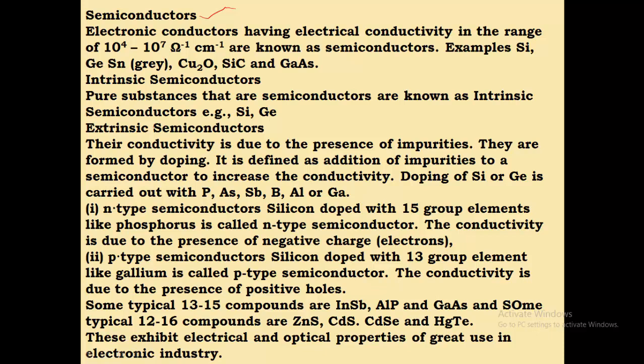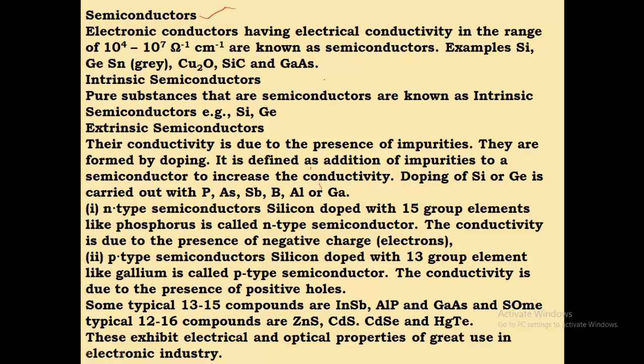Electronic conductors having electrical conductivity in the range of 10 raised to 4 to 10 raised to 7 are known as semiconductors. Examples are silicon, germanium, etc.